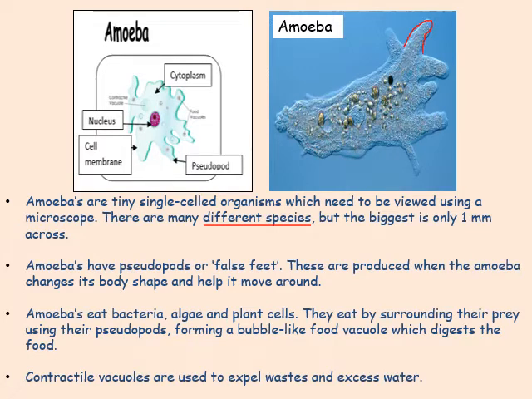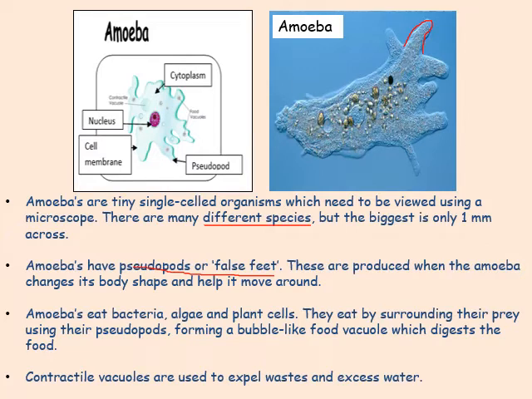They are also called false feet. These single-celled organisms use these pseudopods, these sticky-out projections, to move. They stretch their pseudopod, and then it grips onto the surface or through the water it's in and pulls themselves along. It helps them move around.